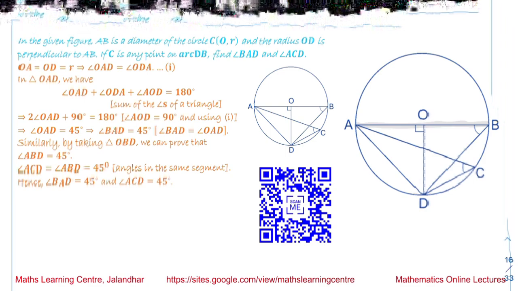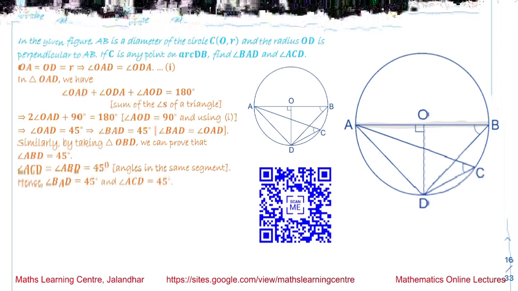Now in this figure it is given that O is the center of the given circle, and there are two chords, AB and CD. These two chords intersect at the point E inside the circle.